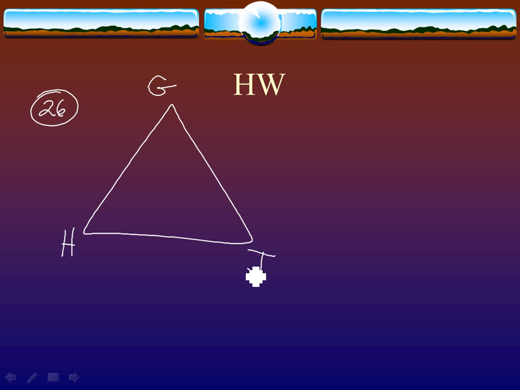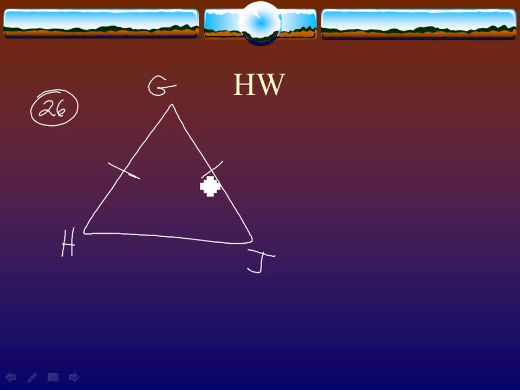They tell us that this is an isosceles triangle. What do you know about an isosceles triangle? Two sides are congruent. Right now we don't know which two sides are congruent, but they're going to tell us. They tell us that segment HG is congruent to segment JG. You have to do all this every time: draw the picture, mark the stuff they tell you.